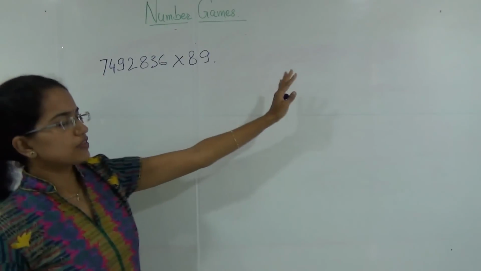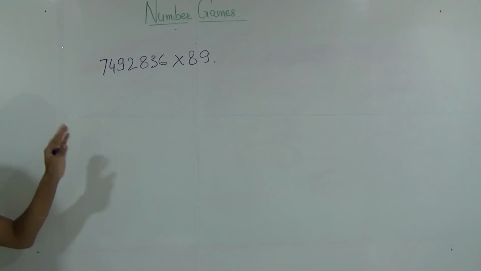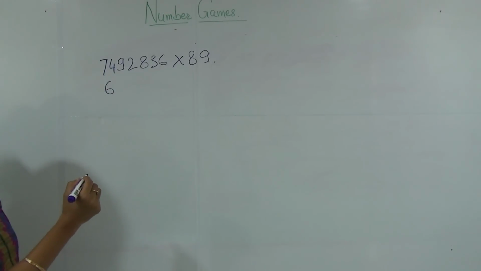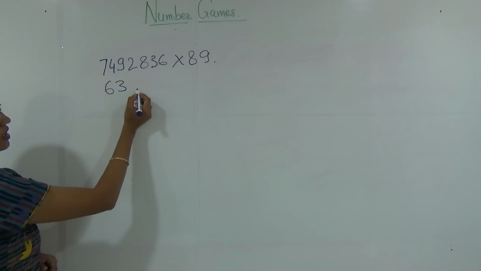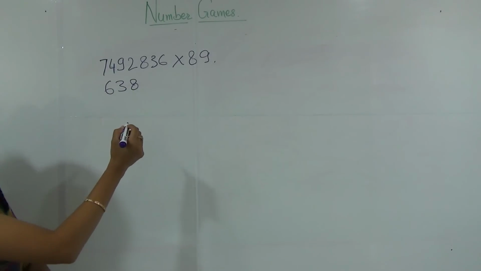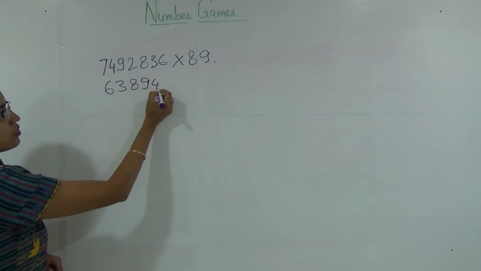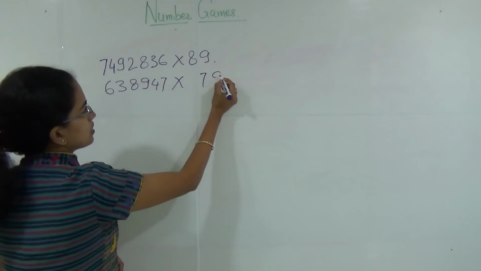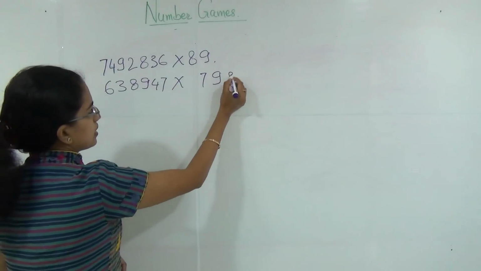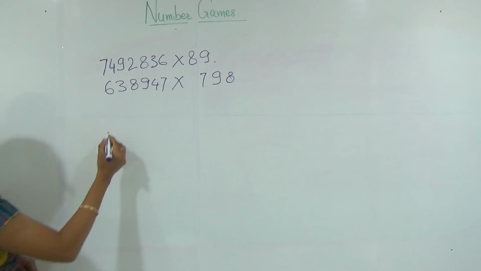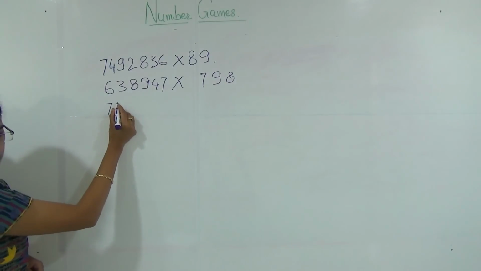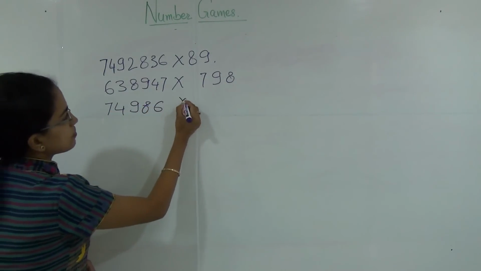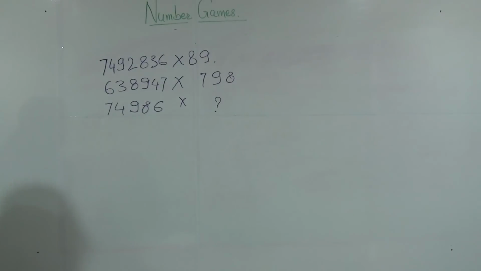Rather than writing one after the other, I will write one below the other so that it becomes much clearer. The next is 6 3 8 9 4 7 into 7 9 8. And the next question here is 7 4 9 8 6 multiplied by what?